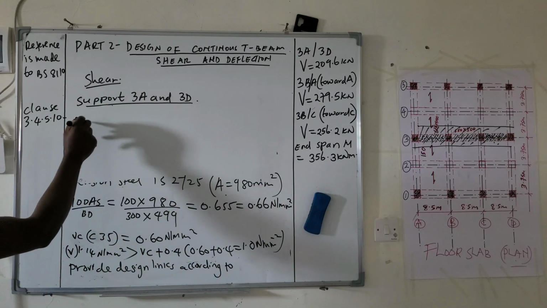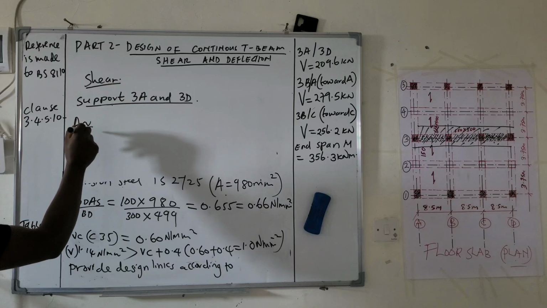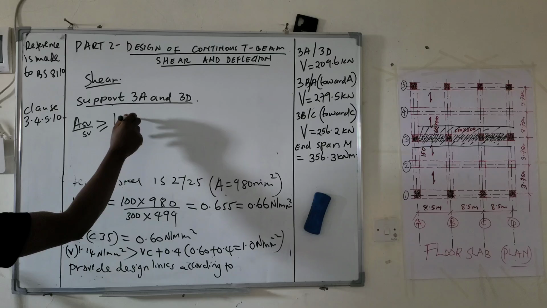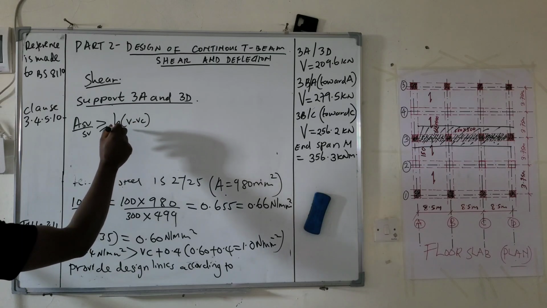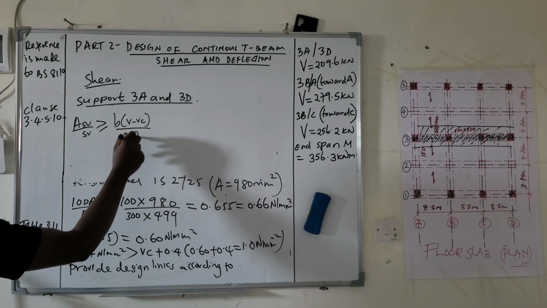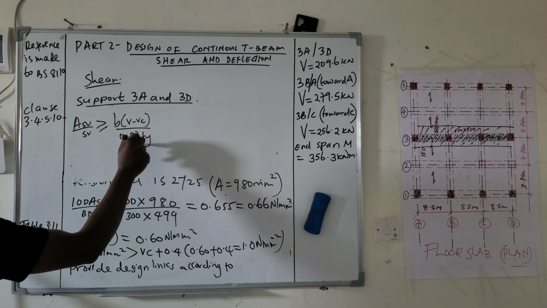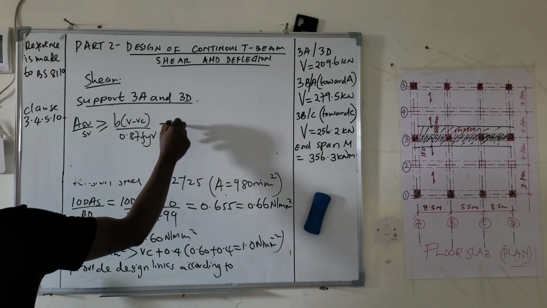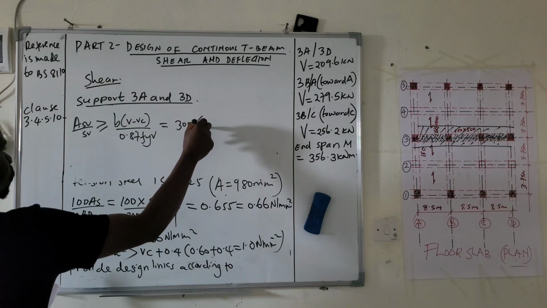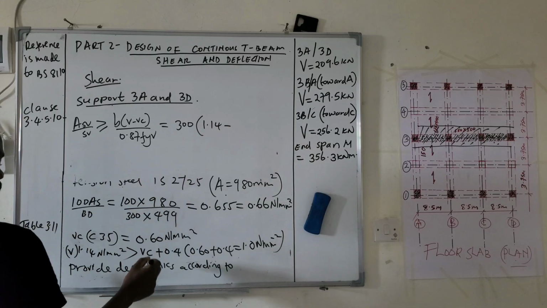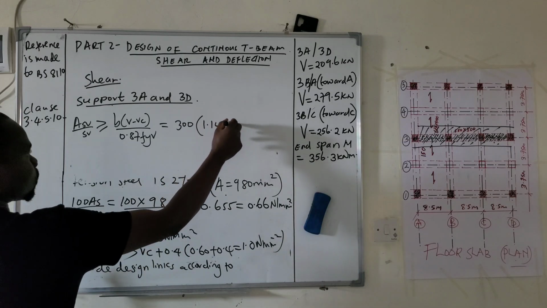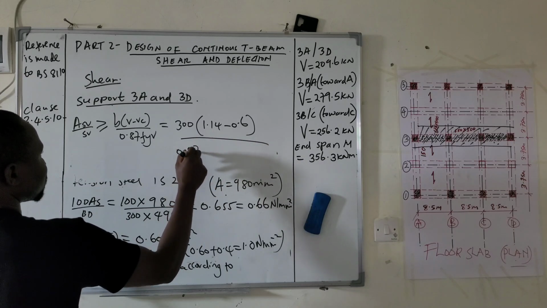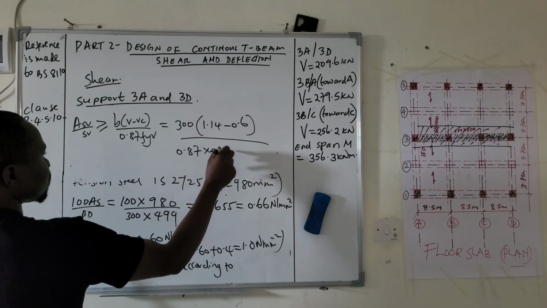ASV over SV is greater or equal to V minus VC over 0.87 FYV. So this one is equal to B is 300, and then V is 1.14 minus VC 0.6 over 0.87 times 460.